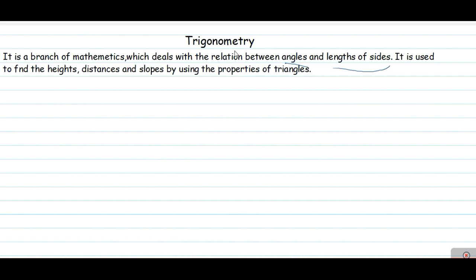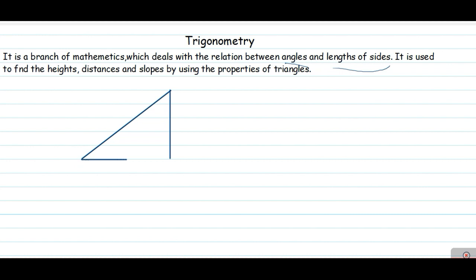Before talking about the trigonometric ratios, first let us understand the three things which are used to define the trigonometric ratios, that is opposite side, adjacent side and hypotenuse.